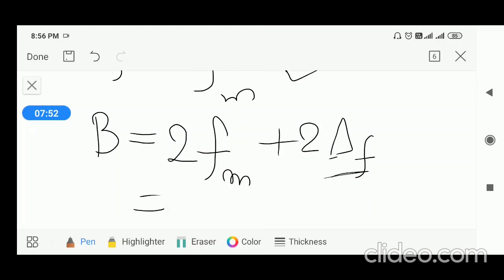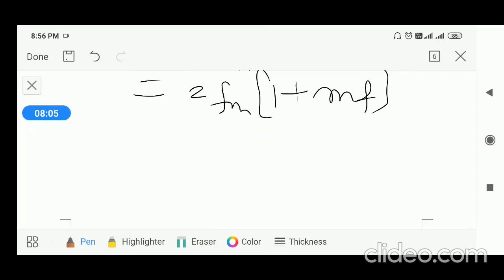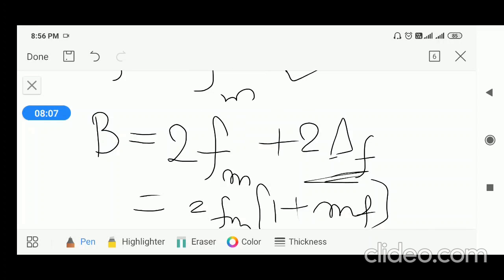What is delta f by fm? It is mf, the modulation index. So bandwidth is equal to 2fm plus 2 delta f, or 2fm into 1 plus mf. You can calculate by knowing frequency deviation and modulating frequency, or by knowing modulation index and modulating frequency.